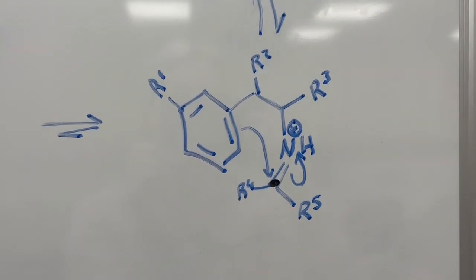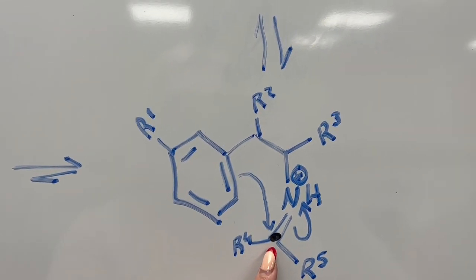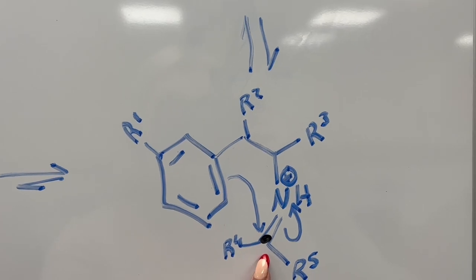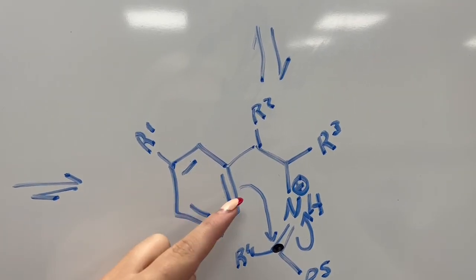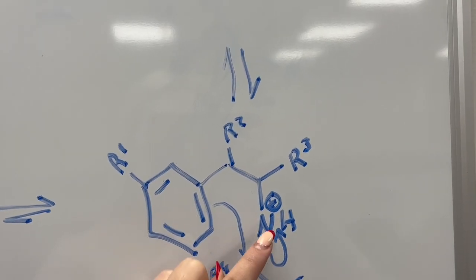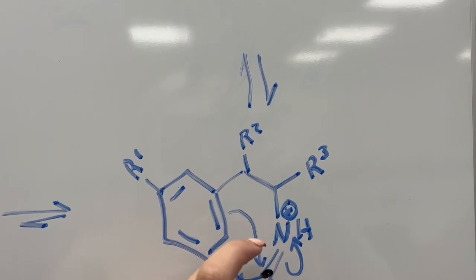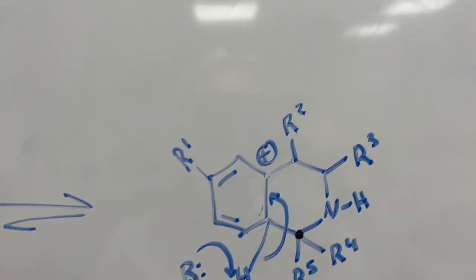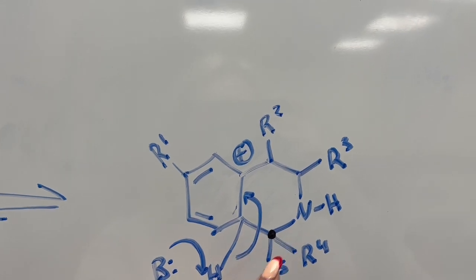Our next step here is, I dotted the carbonyl center. So we are going to use the double bond electrons from here to attack into our carbonyl center and then push electrons back up onto our nitrogen so that we can get rid of this plus charge on the nitrogen. That ends up attaching our ring right here.